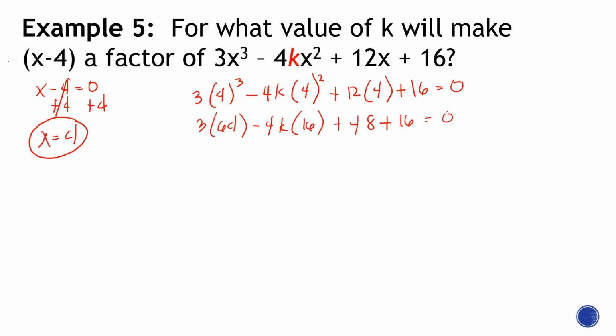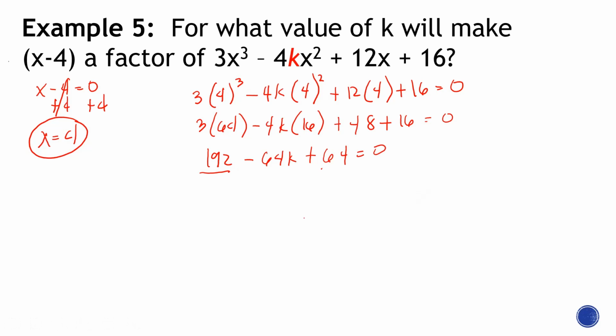3 times 64 is equal to 192 minus 4 times 16 is 64k plus 48 plus 16. So 48 plus 16 is equal to 64 equals 0.